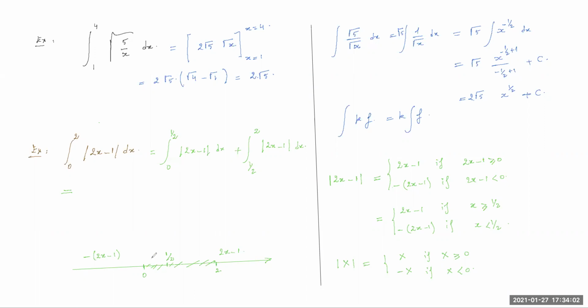So when you work from 0 to 1 over 2, you remove the absolute value and write that you have the formula minus 2x plus 1. And from 1 over 2 to 2, you have the formula 2x minus 1, dx. Now we are almost done because I can find an antiderivative.